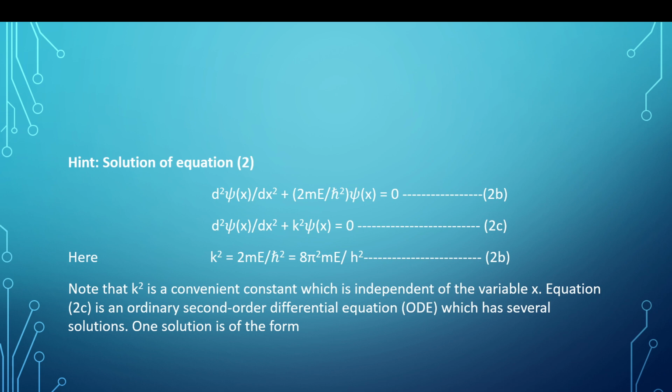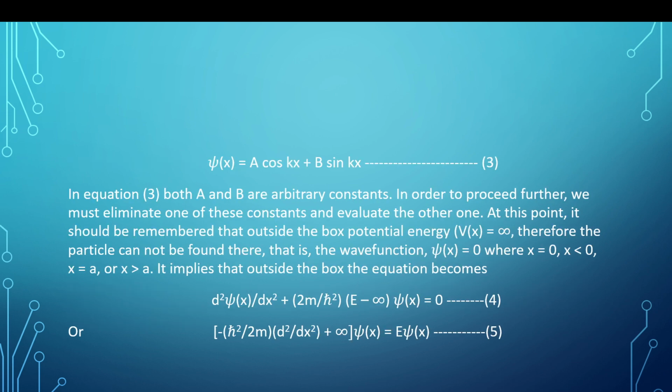It is an ordinary second order differential equation. It has many solutions. One of the solutions is of the form noted below. Psi(x) equal to a cos kx plus b sin kx. In equation 3, both a and b are arbitrary constants.